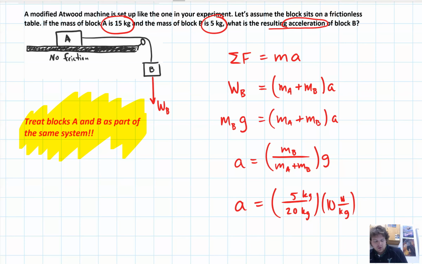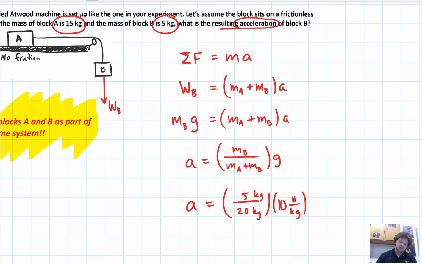Okay? So our answer ends up being 2.5, and then it's an acceleration, so newtons per kilogram or meters per second squared.